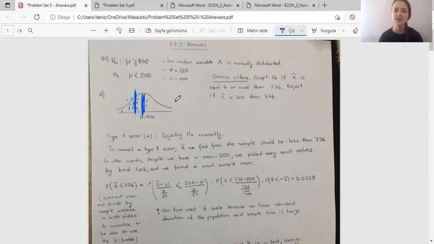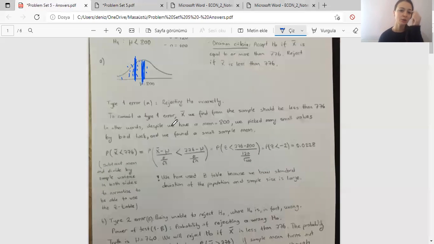So this is the type 1 error. In order to find it, we are writing the decision criteria first. The decision criteria was if our sample mean is less than 776, then we were going to reject this hypothesis, okay? So the probability of committing a type 1 error is basically probability of X bar is less than 776.